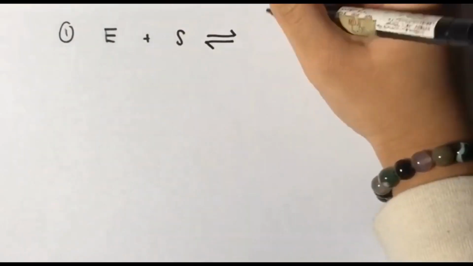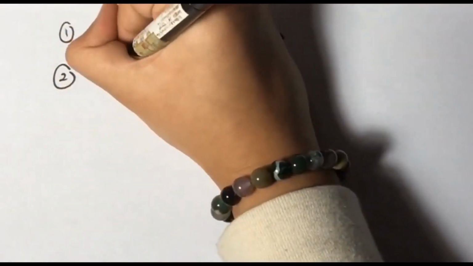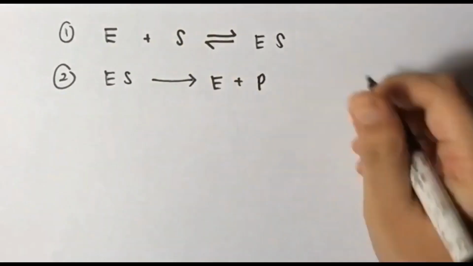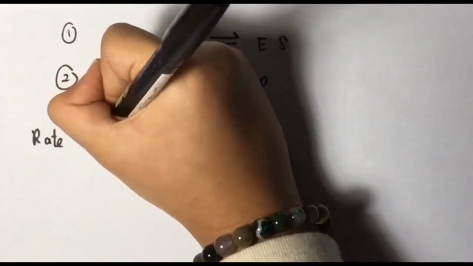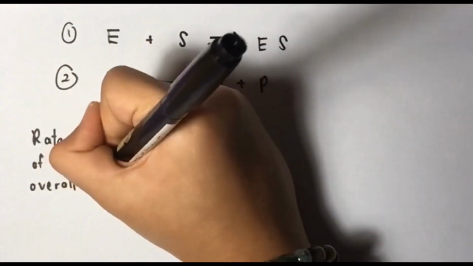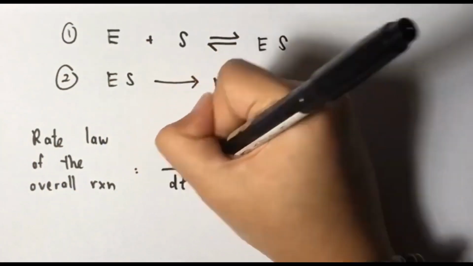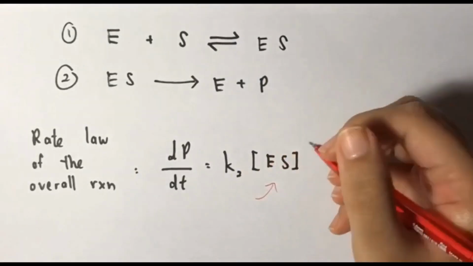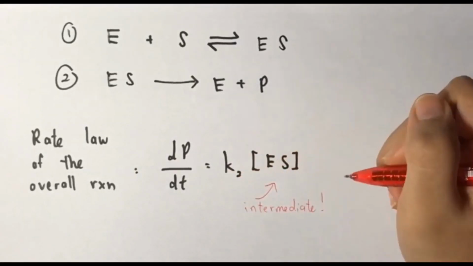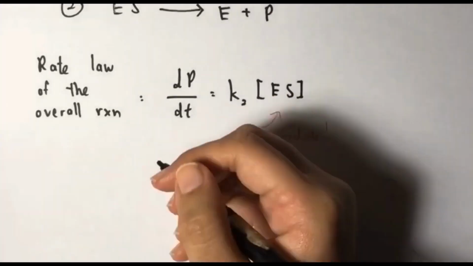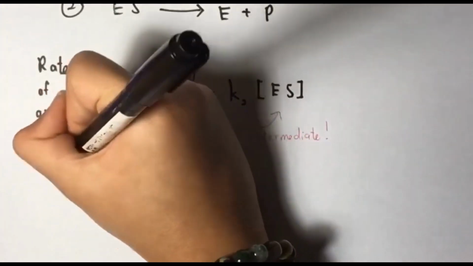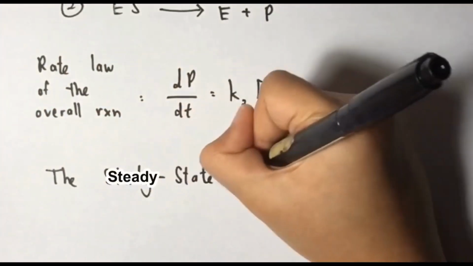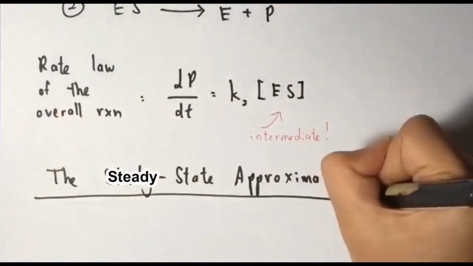Here is the Michaelis-Menten mechanism for enzyme kinetics. The rate law for the overall reaction is equal to k2 times the concentration of the enzyme-substrate complex. However, the enzyme-substrate complex is an intermediate. Therefore, we are going to apply the steady-state approximation.